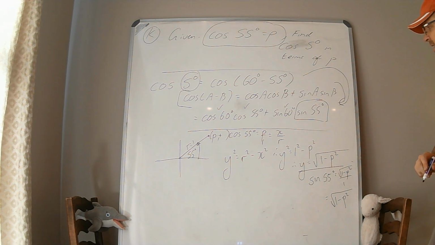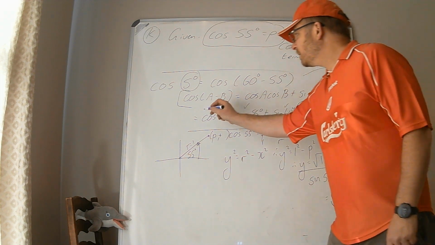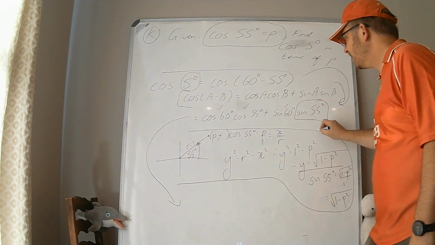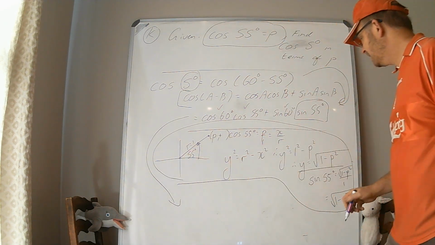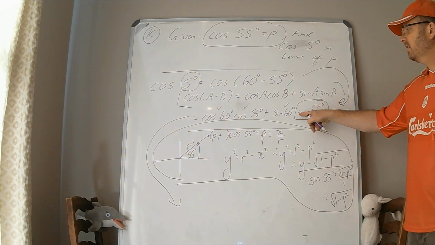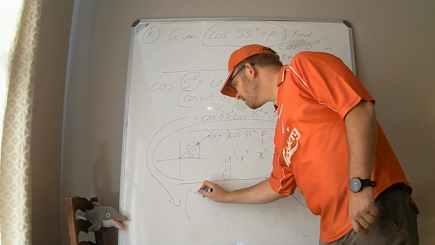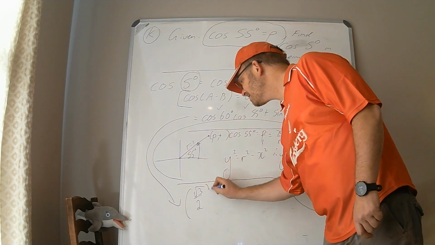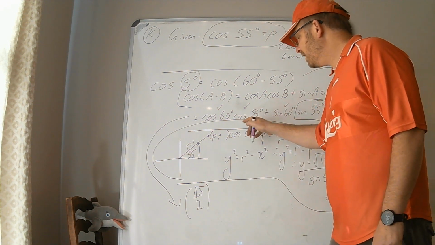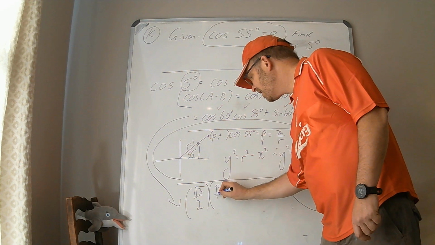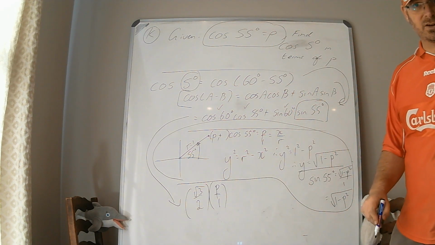Okay? Right, and now I can go back to the question over here. So there's just my little aside, which I did to calculate sine of 55. So cos 5 is going to be cos 60, which is root 3 over 2. Cos 55, well, cos 55 we know is p, which is p over 1. If I've got fractions, I always put it over 1.